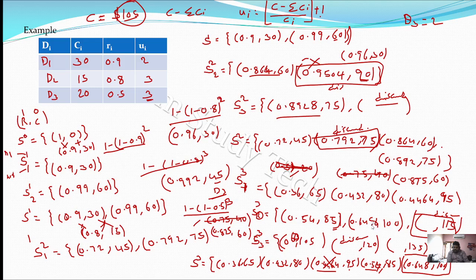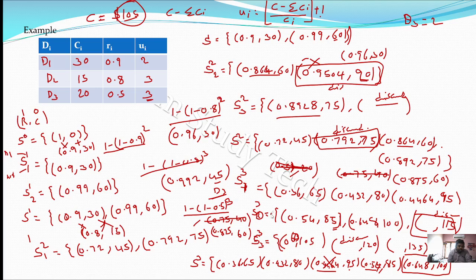Why do you get this? Here it is multiplying in S3, 2.